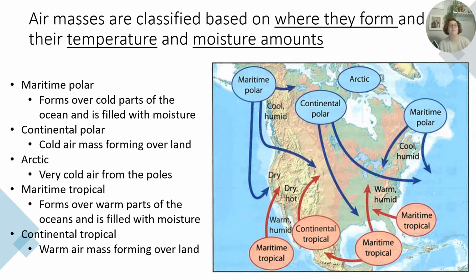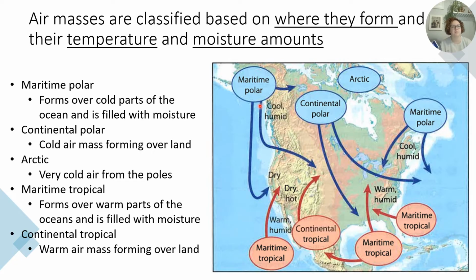So we have maritime polar. If you take a peek, there are two places we are seeing maritime polar: just south of Alaska, forming within the Bering Sea. Is that the Bering Sea? I believe that's the Bering Sea.